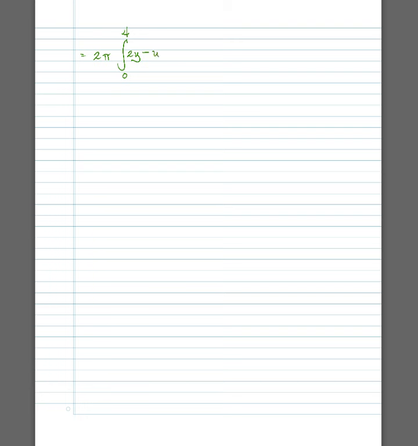And then of course our variable of integration is dy. So we get 2 pi, and then the antiderivative of this is going to be y squared minus 2/5 y to the 5 halves. And then of course we're going to evaluate this from 0 to 4.